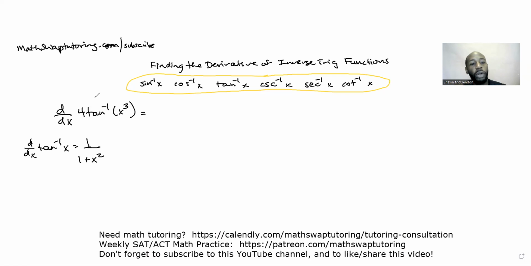So the derivative of 4 tangent inverse of x cubed is going to have that 4 there instead of 1, because the constant stays with it.